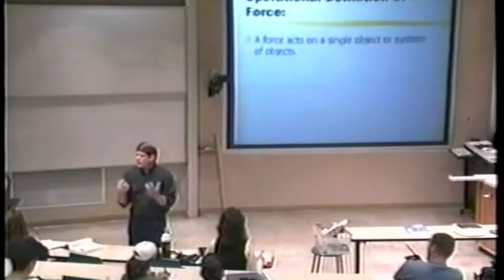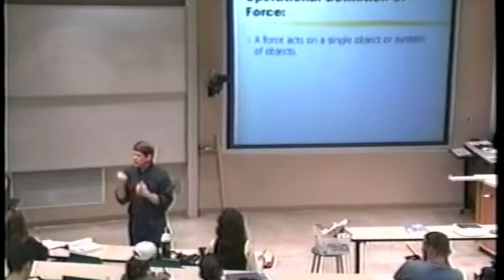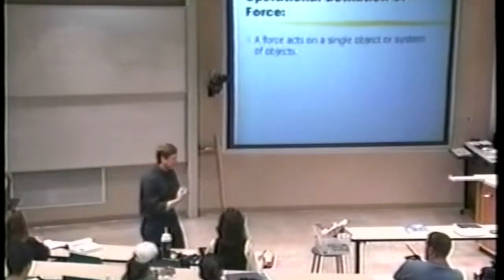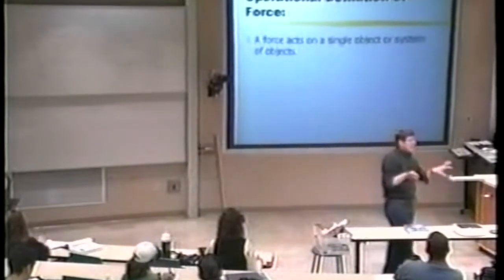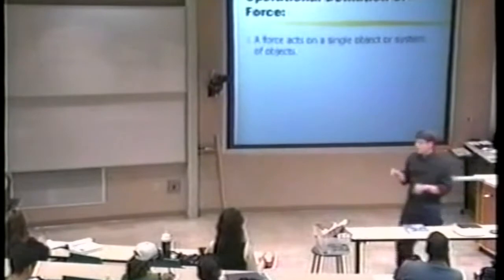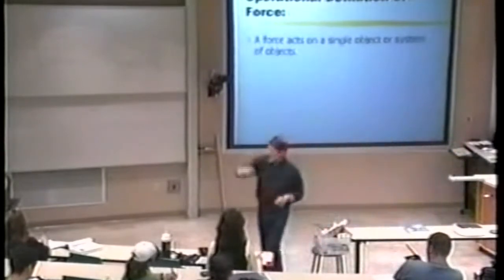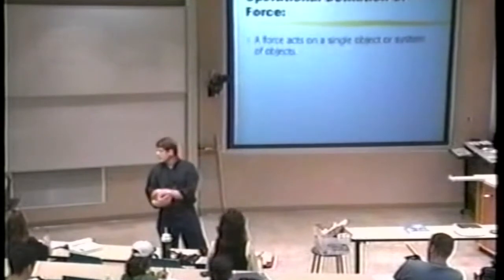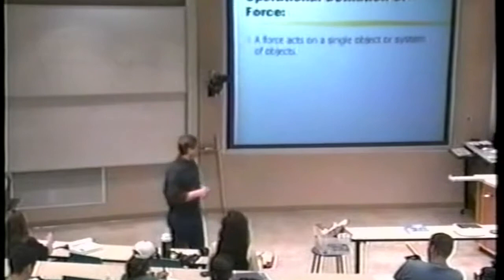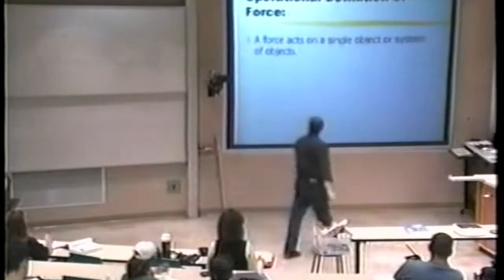As I slug her, there's an interaction going on between my fist and her jaw. Okay? But we're going to break that interaction apart into two forces. One force is acting on Chris. The other force is acting on what? My fist, yeah. Okay? And we're going to treat those as separate forces.